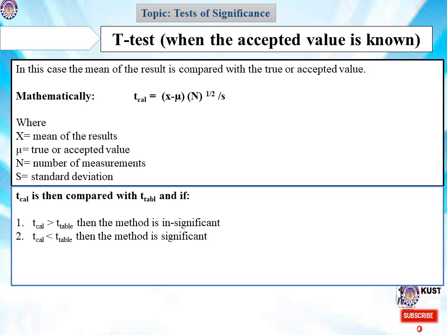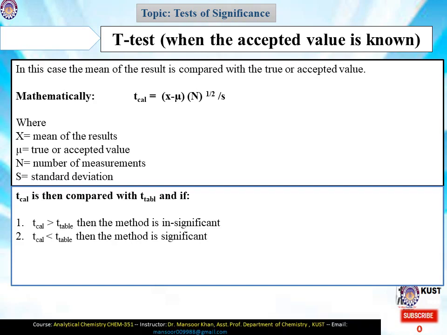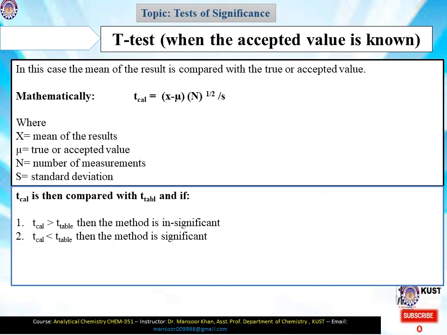Mathematically, t calculated is equal to (x minus mu) times the square root of n, divided by s, where x is the mean of the results, mu is the true or accepted value, n is the number of measurements, and s is the standard deviation.